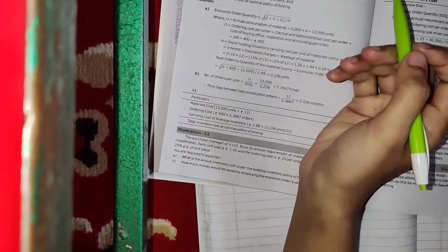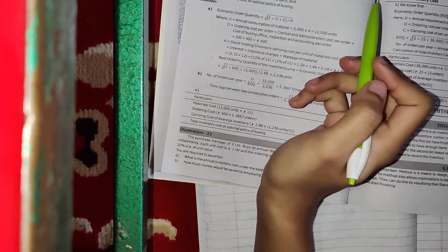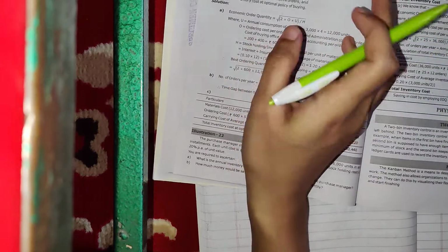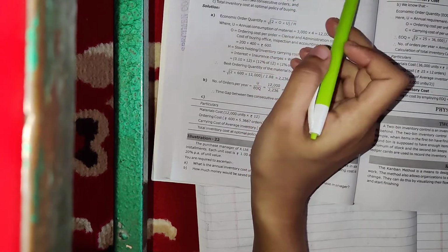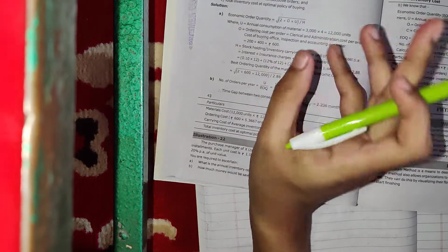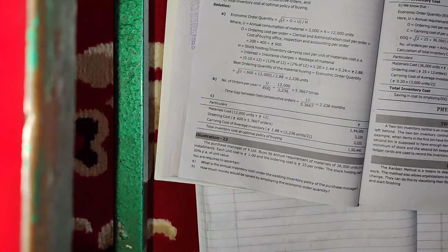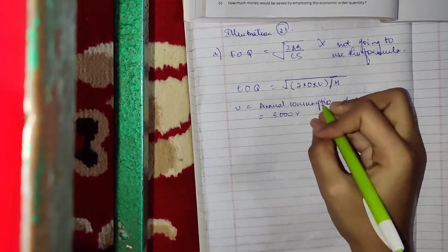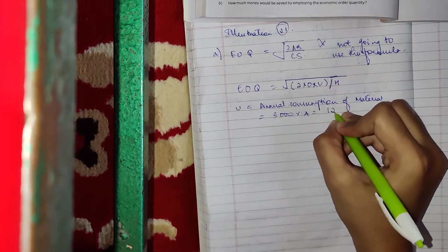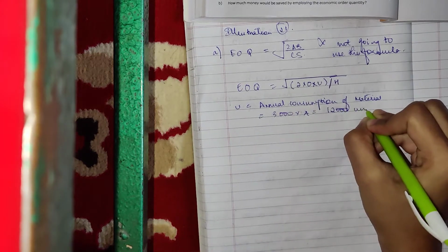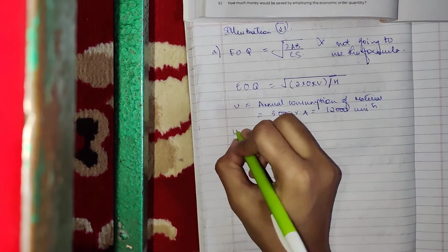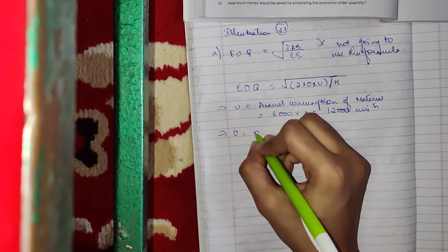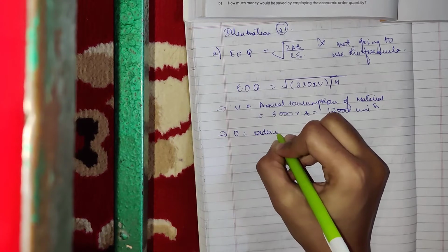It is 3000 units, plus whatever information is given to you based on that. So you will take 3000 into 4, that is equal to 12,000 units. After you have calculated U, you will calculate your O, that is ordering cost per order.